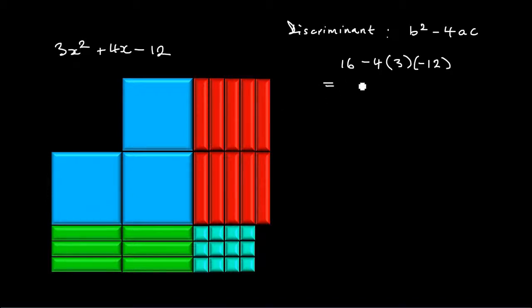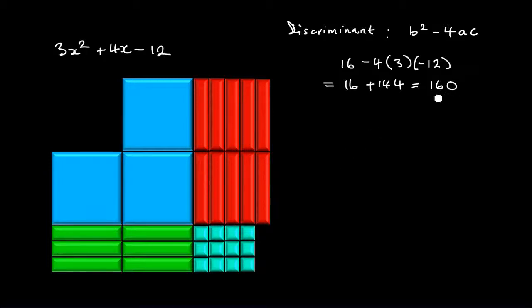Let's work this out then. 16 minus 12 times minus 12, so plus 144, gives us 16 plus 144, 160.